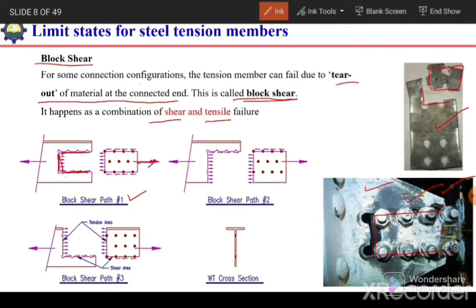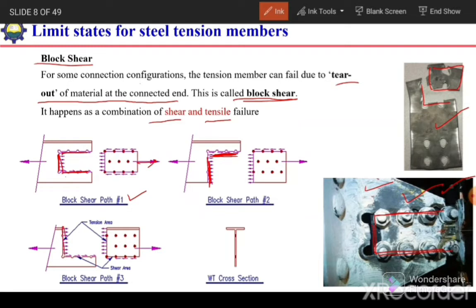So this is similar to this figure. This is an actual figure showing the block shear failure. Similarly, the other possibility is that along one line of bolts there is shear, and on this portion there will be tensile rupture.